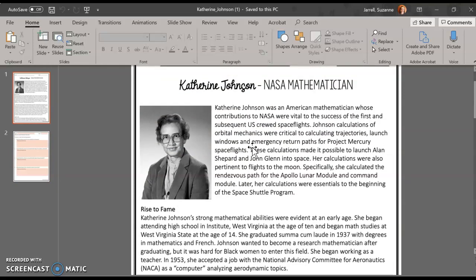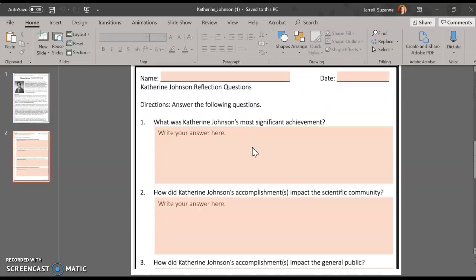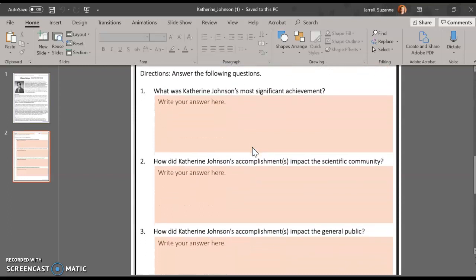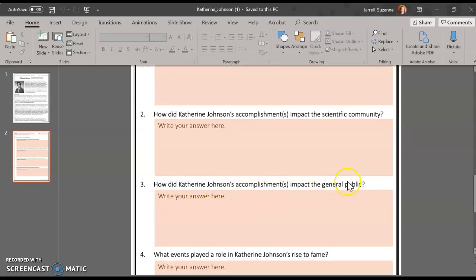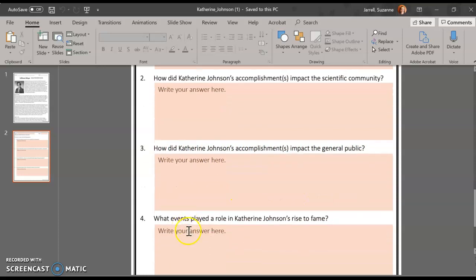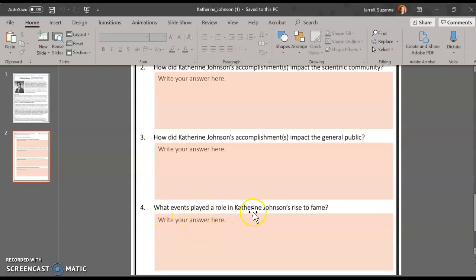So Katherine Johnson was a NASA mathematician. And then it has questions. What was their most significant achievement? How did Katherine Johnson impact the scientific community? How did Katherine Johnson impact the general public? And what events played a role in Katherine Johnson's rise to fame?